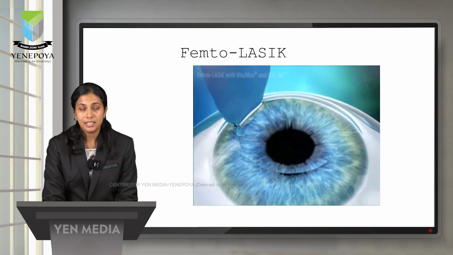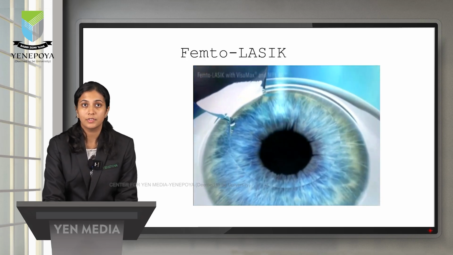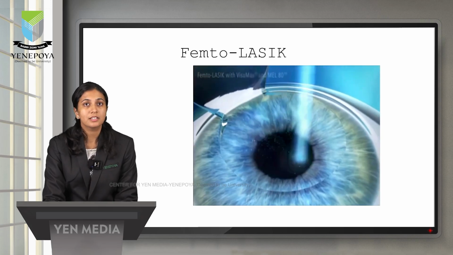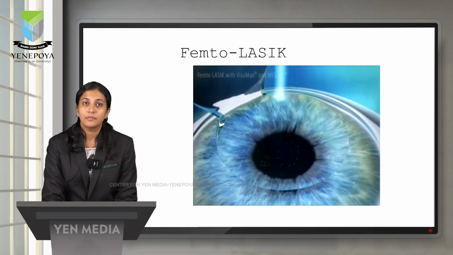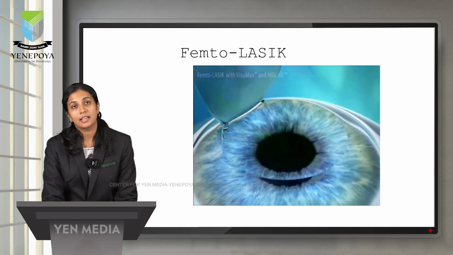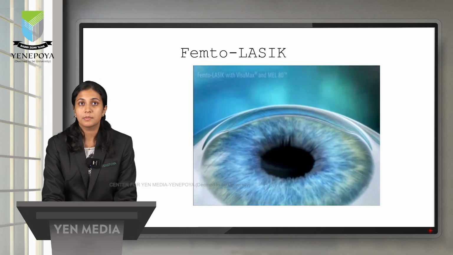Once a flap is raised, excimer laser is used to ablate the rest of the layers of the cornea. Now there are two lasers which are used in Femto-LASIK: femtosecond laser and excimer laser. Once excimer does its job, the flap is placed back and BCL is placed over it.